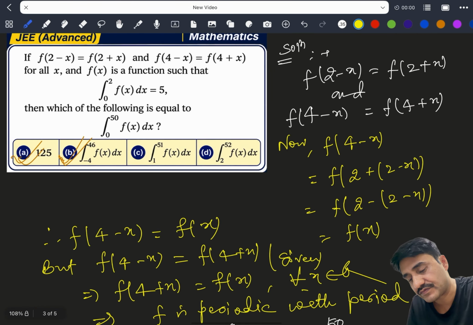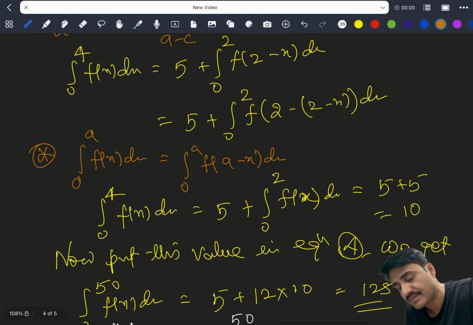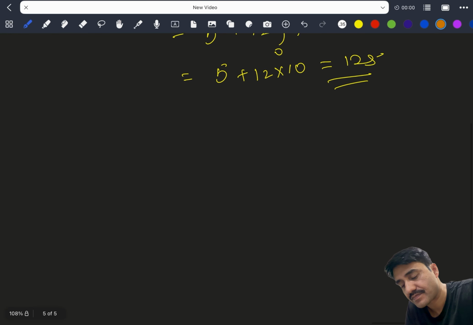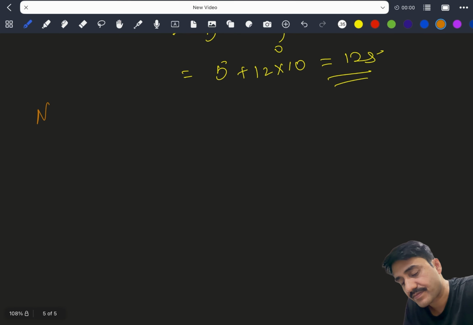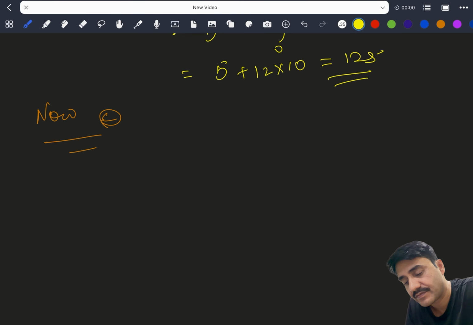Now for the fourth option, 1 to 51. Integration 1 to 51 f(x) dx.